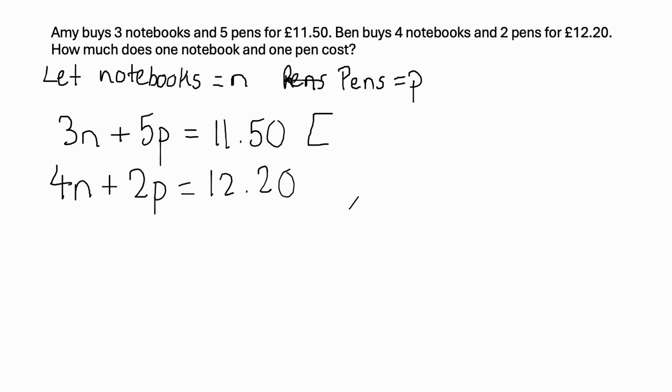So we need to find the lowest common multiple of 3 and 4, which is 12. So 3 times by 4 for the top one makes 12, and for the bottom one times by 3 makes 12.